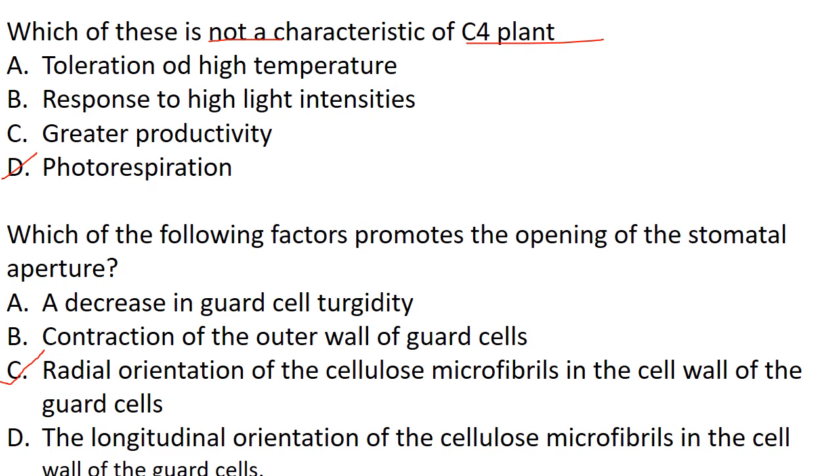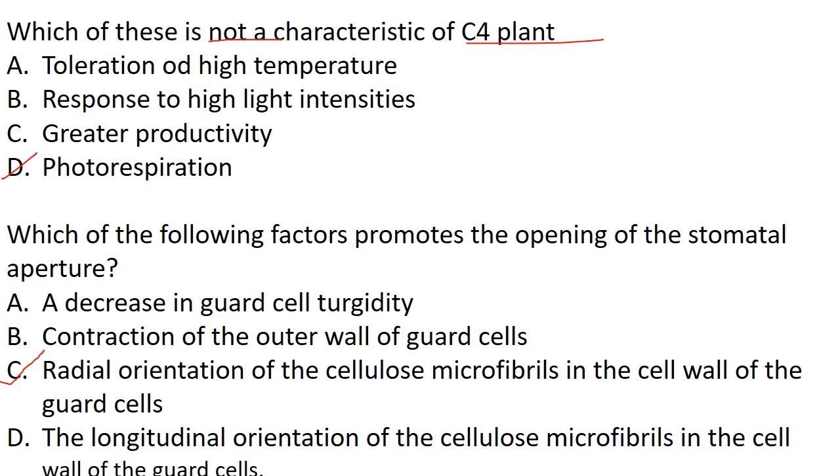And this guarantees a high intercellular carbon dioxide concentration. So high intercellular carbon dioxide concentration means Rubisco will naturally bind to carbon dioxide. As a result, Rubisco will bind to carbon dioxide rather than oxygen, and there is no photorespiration in C4 plants.